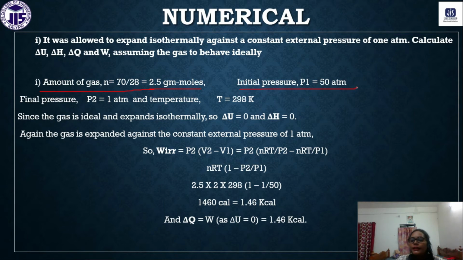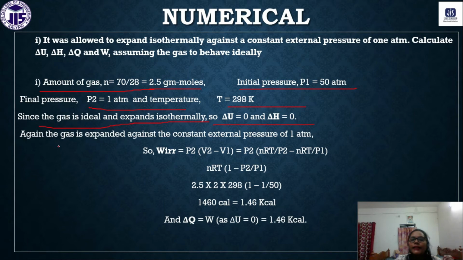Initial pressure P1 is given, 50 atmospheric pressure, and T1 is 298 Kelvin, and the final pressure P2 is 1 atmospheric pressure. Since the gas expands ideally and isothermally, the change of internal energy delta E is 0, and the change of enthalpy is also 0.